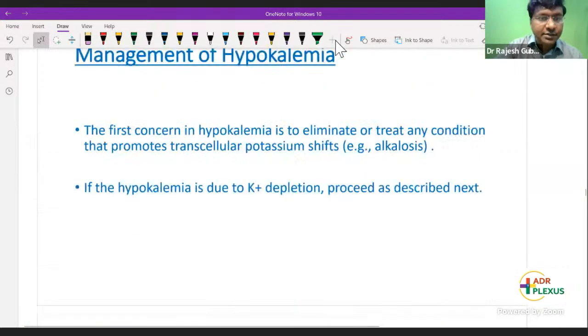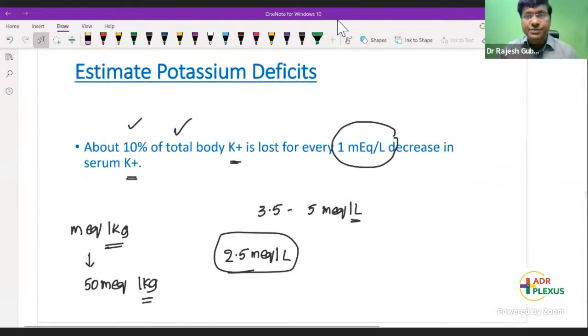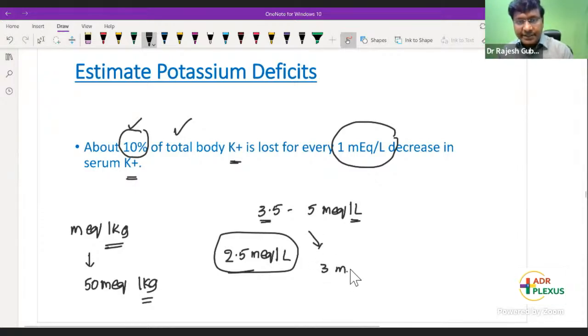I have taught you one very important point here: about 10% of total potassium is lost for 1 milliequivalent per liter. So 3.5, if it has become 3 milliequivalents, how much percentage of potassium loss will be there? For 1 milliequivalent per liter, it is 10% potassium deficit. For 0.5 milliequivalent, it is 5%. Right? 5% of the potassium loss.